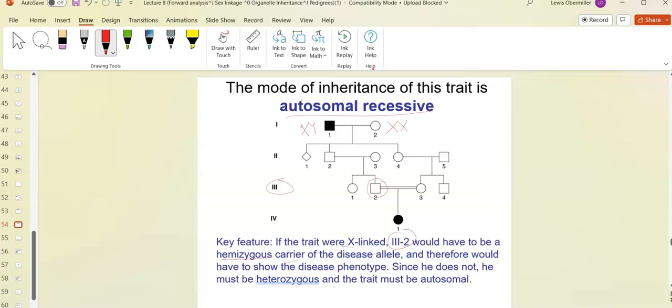If it were X-linked, then this individual would pass on its X chromosome that's broken here. We don't know this one, so we're going to cut that one out. But this individual would be a male, so this would get a Y. This would get a normal, right?